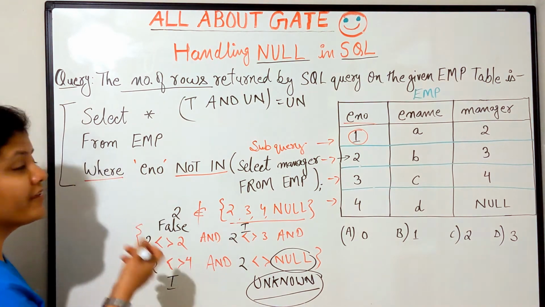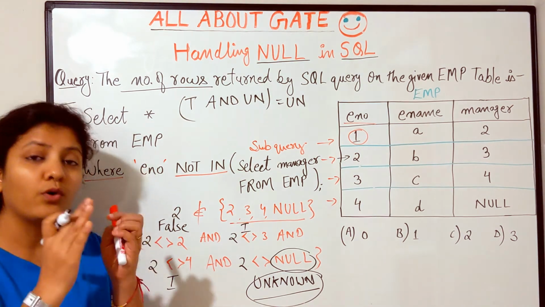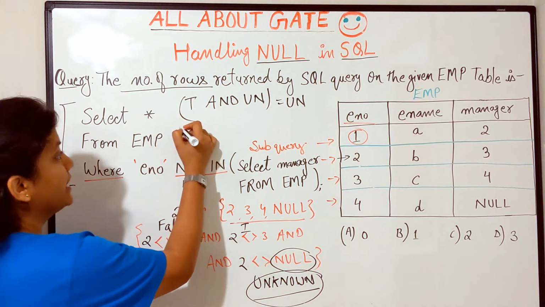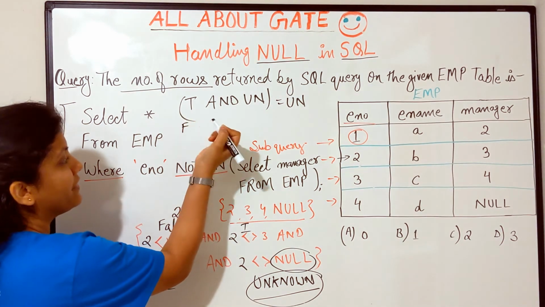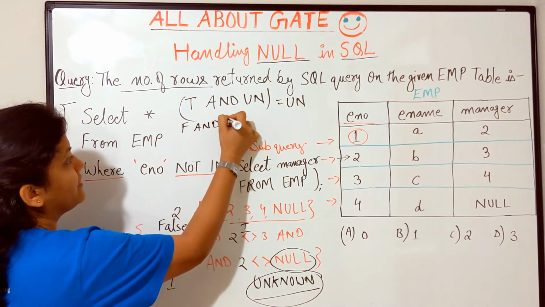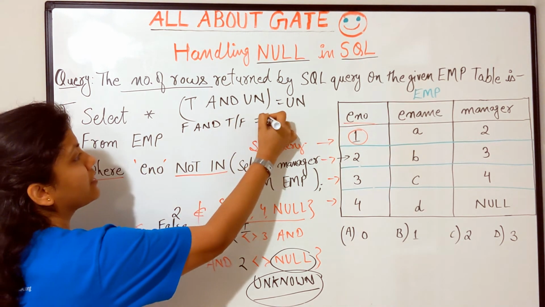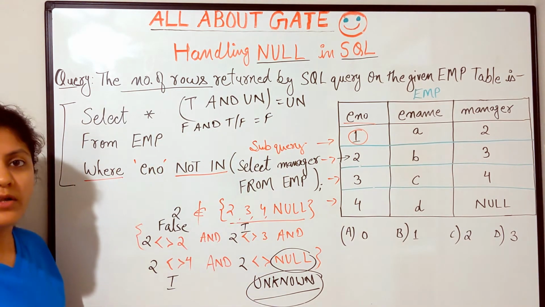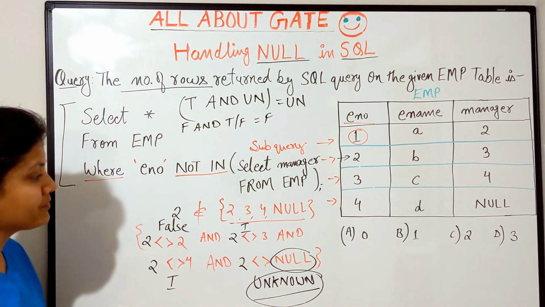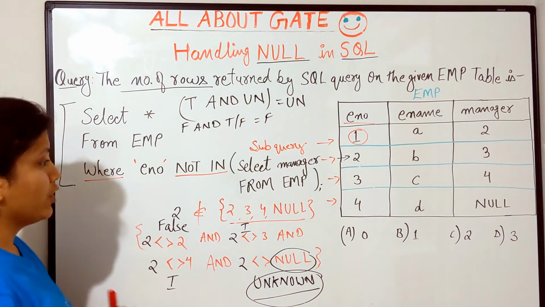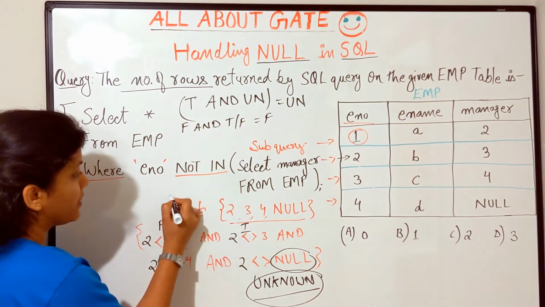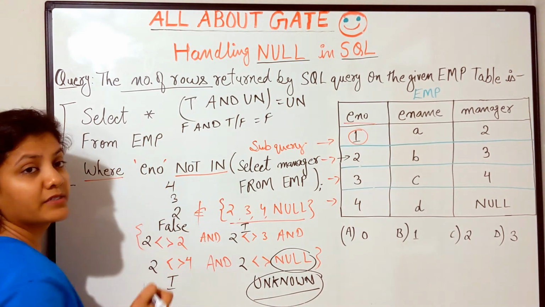I hope you remember, and if you don't, please go to the truth table of the logical AND, which says if it is false at the very first condition, no matter what you have at the end, whether true or false, it is ultimately going to result in false. That's it. If the first condition has given false, it's false. So with that logic, 2 is a part of the set, 3 is also part of the set, and 4 is also part of the set.